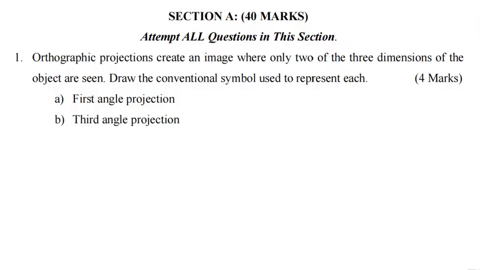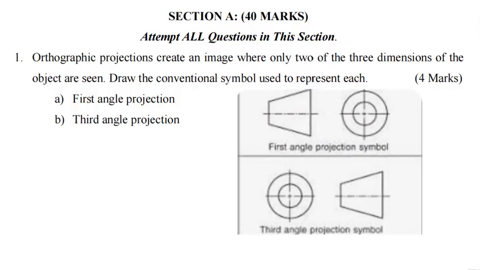This is just a description. Then the question starts from: draw the conventional symbols used to present each. So what is required? The symbol for first angle projection and the symbol that indicates third angle projection.